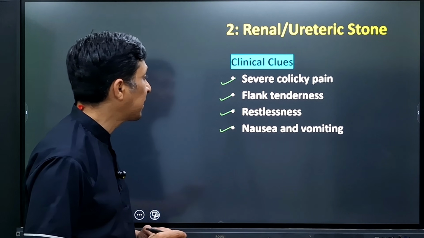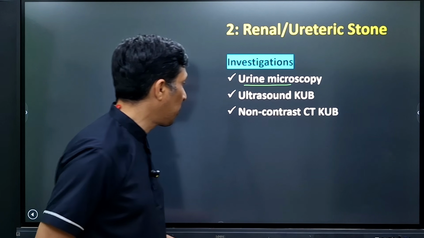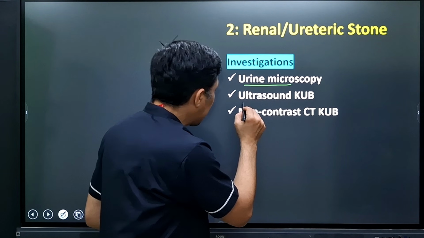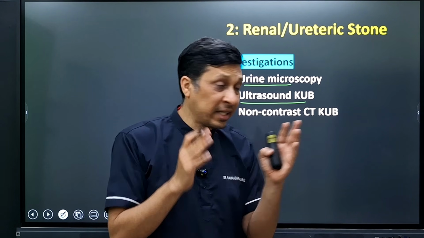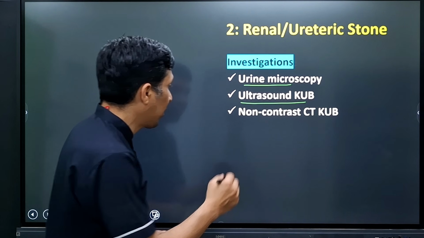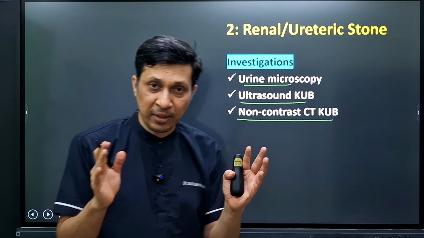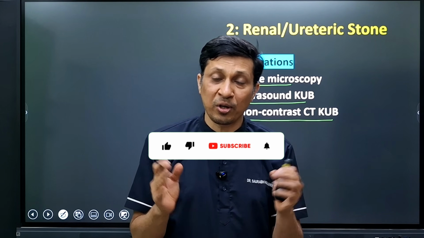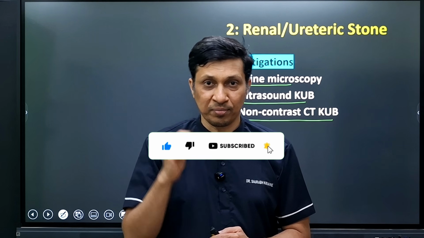And the investigations that you will do here are urine routine and microscopy. Then an important investigation is ultrasound of the pelvis, that is kidney, ureter and bladder. And also you have to do sometimes non-contrast CT of KUB. So this was the second important cause of hematuria, that is renal or ureteric stone.